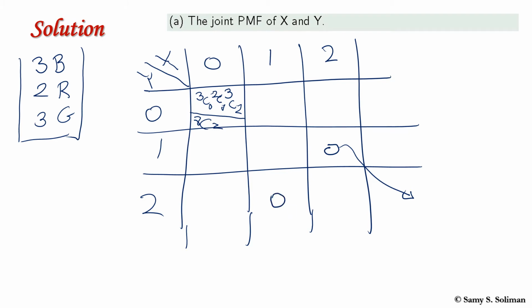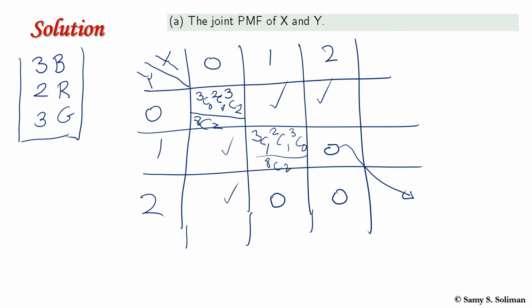Similarly, this probability is equal to 0, and this probability is equal to 0. However, we might select 1 blue ball and 1 red ball, so that is 3 from which we choose 1, and 2 from which we choose 1, and for the green balls we choose 0, and again this should be divided by 8C2. Similarly, you can get the probabilities in these cells.